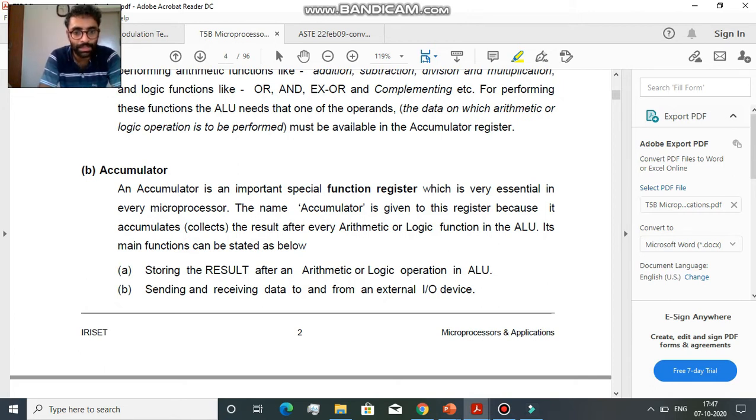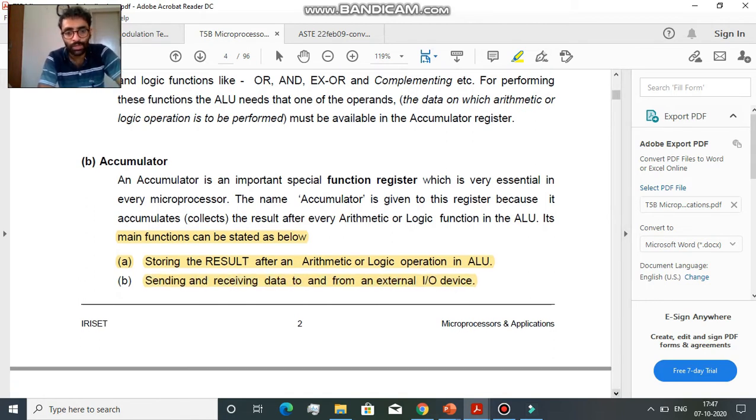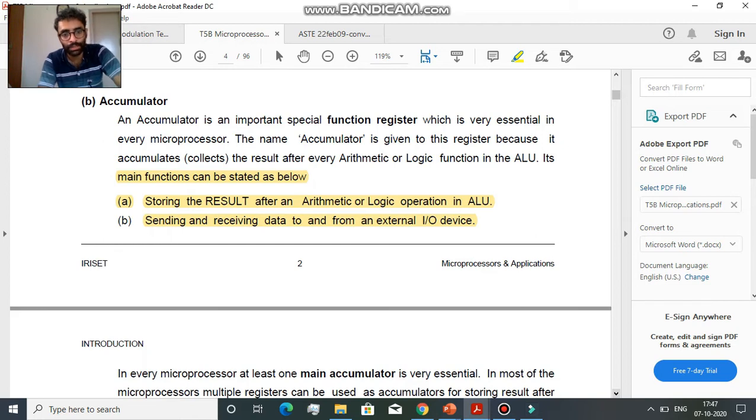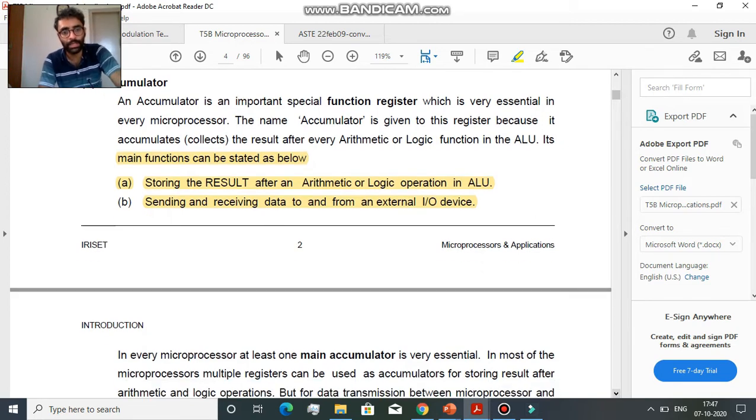Its main functions can be stated as below: storing the result after an arithmetic or logical operation, and sending and receiving data to and from an external IO device. These are the two main functions of the accumulator.